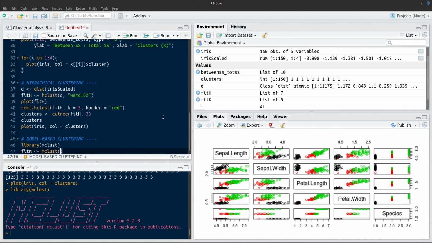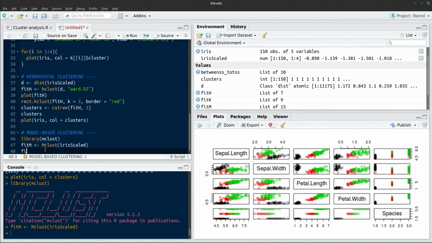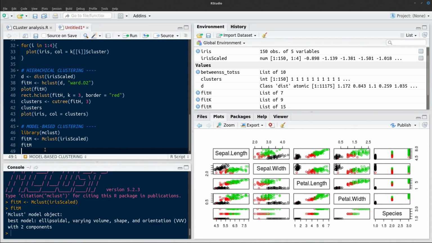So quite simply, you just supply the scaled data frame to the mclust function. But if we call our model object, we don't really get very much information. It just tells us that it's an mclust model object, and it says that the best model was ellipsoidal varying volume, shape and orientation, VVV.